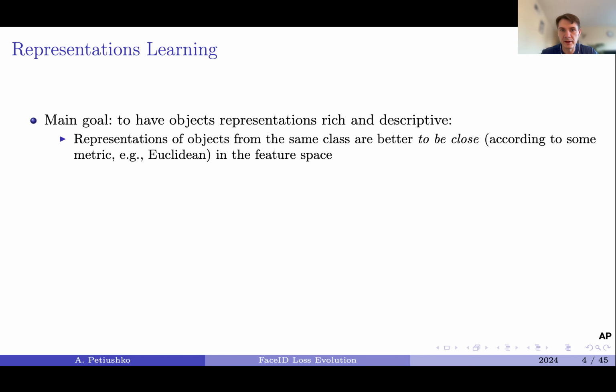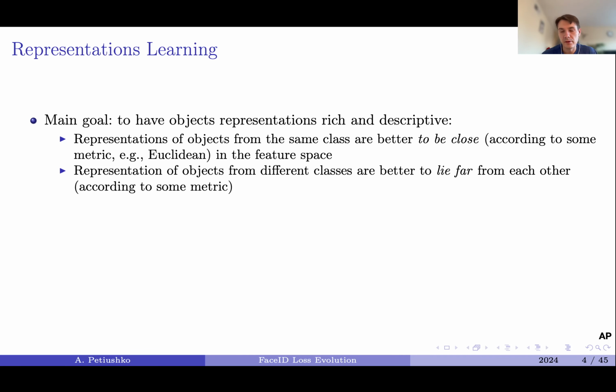Representations of objects of the same class should be as close as possible in this feature space, where close is subject to some metric, for example Euclidean, but let's use the simplest example, Euclidean metrics. Also we would like representations of objects from different classes to lie as far as possible from each other, again according to some metric.